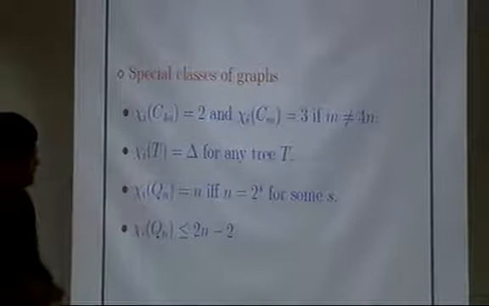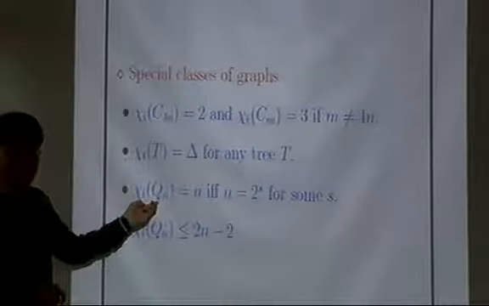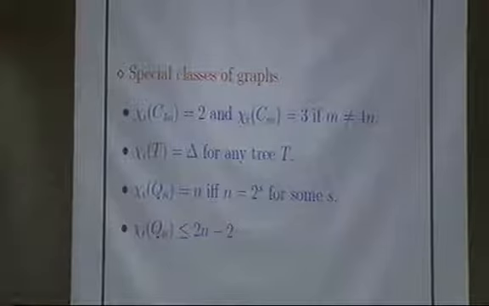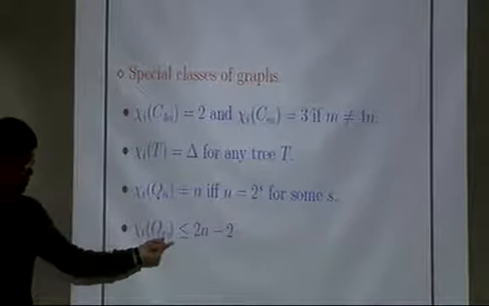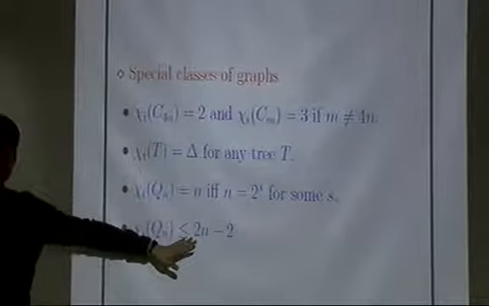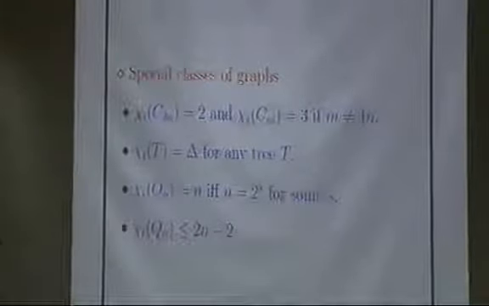The interesting point is that we don't know the exact answer for the hypercube. The hypercube is a very special, very simple type of graph, but still we don't know. This is just the general upper bound for any n. If you reduce this bound a little more, it will be very interesting.